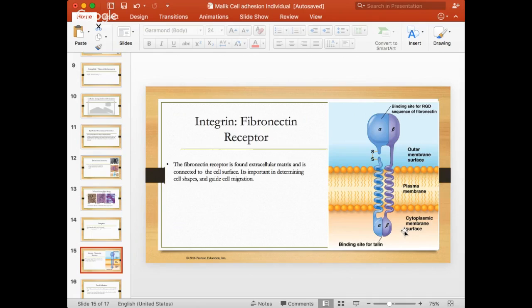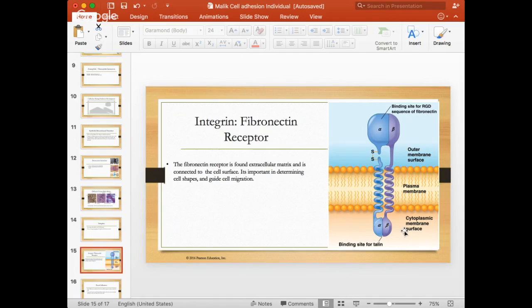So the integrins alpha and beta are split into two different segments. This bond is holding the two integrins together on the outer membrane surface.